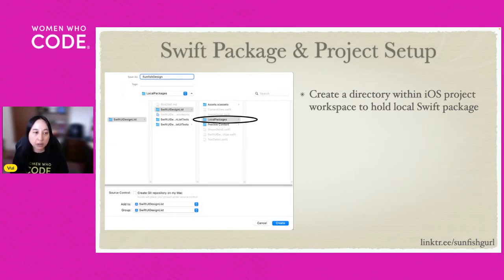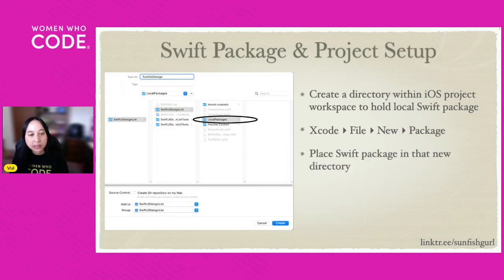I called mine local packages, but you can call it whatever you like. Next, you want to go to Xcode, tap on File, New, and Package, and then place your Swift package in that new directory. And you want to make sure to add your Swift package to the same workspace as your iOS project.